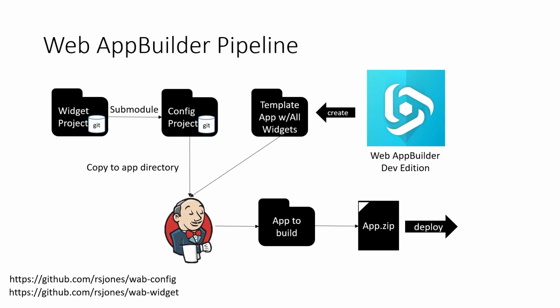Then what we'll do is we'll use a Web App Builder application with every single widget and theme in it, and I'll show you how to build that. And we'll pull our config project and configure it to tell it what Web App Builder app to use as its template app. It will bring all those together, build the application and deploy it for us.